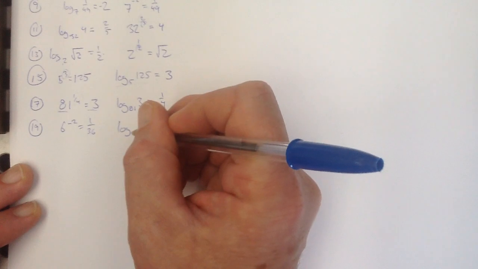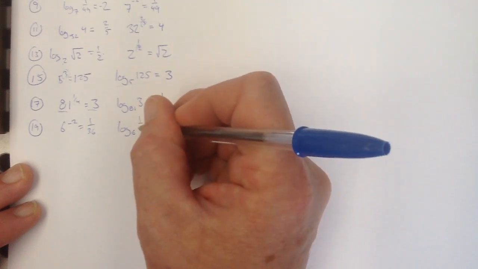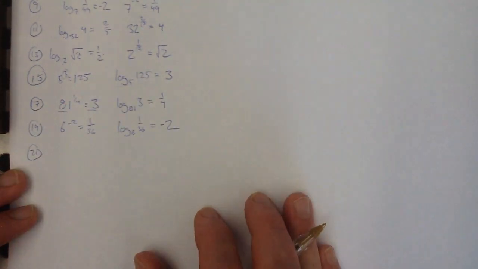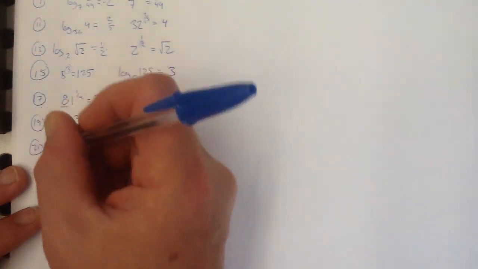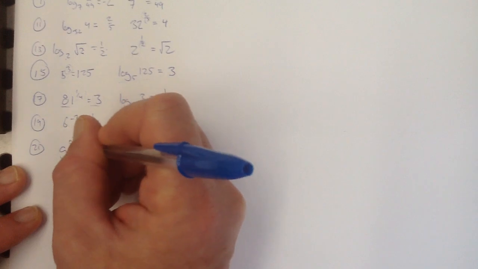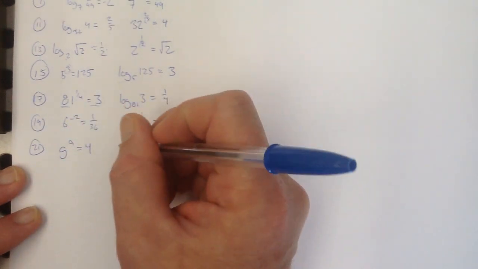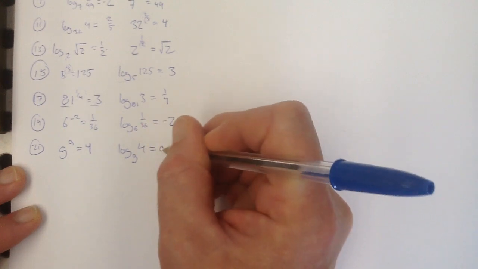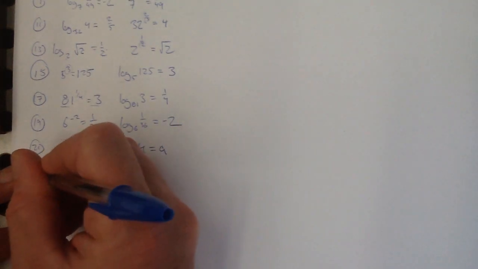Also true then that log base 6 of 1 over 36 is negative 2. Number 21, g to the a equals 4. Well, I guess that's log base g of 4 is equal to a, is the rewrite of that.